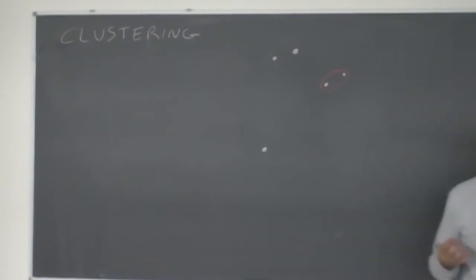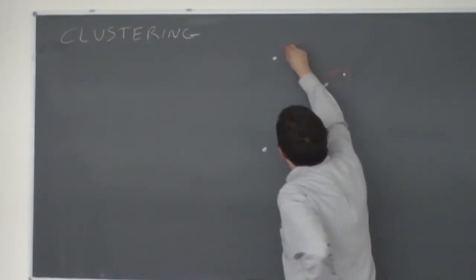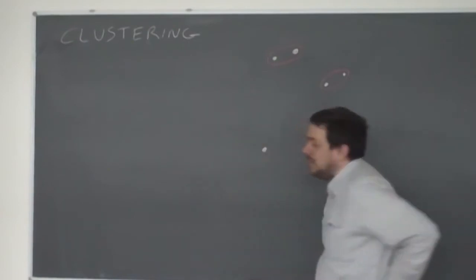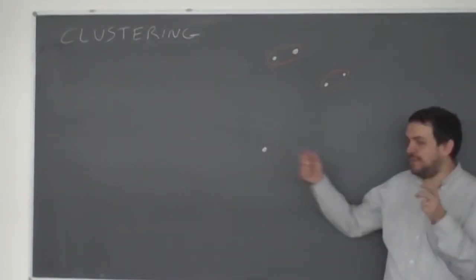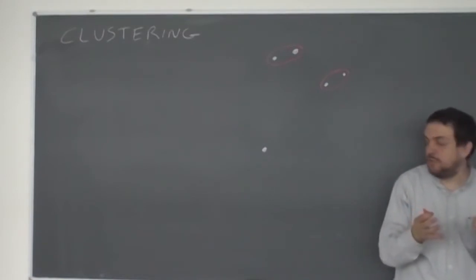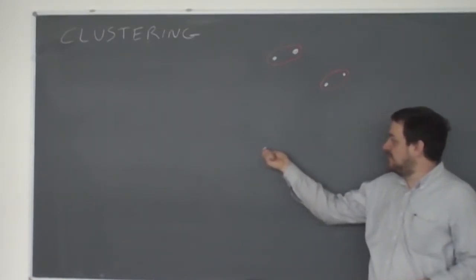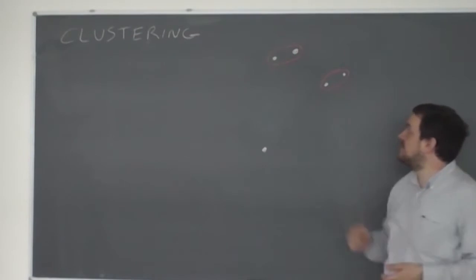And I simply repeat the procedure. I find the 2 closest items in this set of 4 elements, and I group them together. For example, in this case, it's these 2. Now I remain with 3 objects to group: this item and these 2 groups.